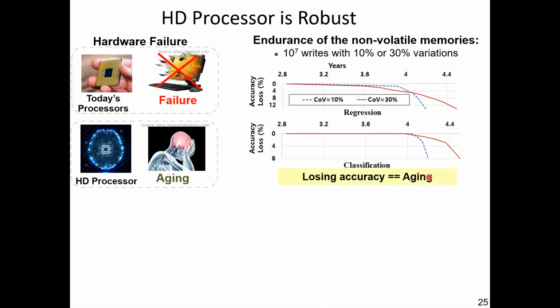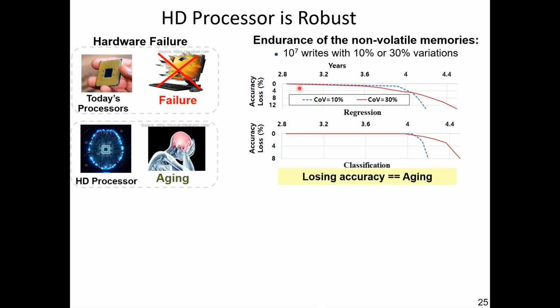But going back to the efficiency of HD computing, actually the robustness of HD computing. As I mentioned, in today's processors, if one of the transistors fails, the entire system may fail. But in a processor based on HD computing, if devices stop working, it is like aging in the human brain.